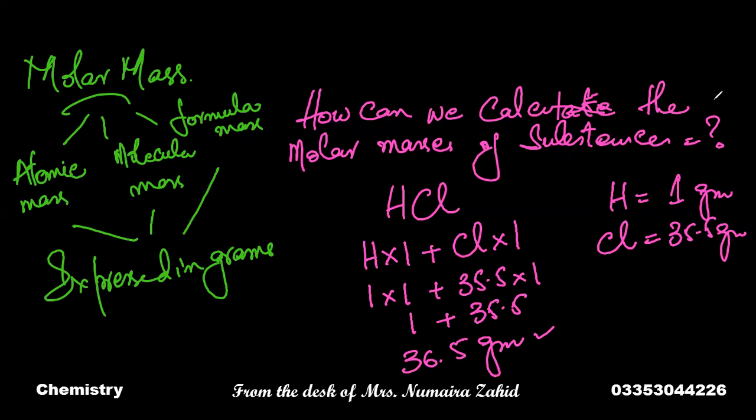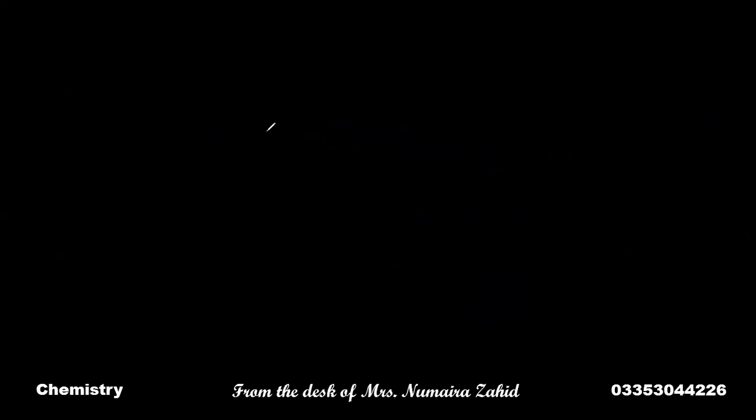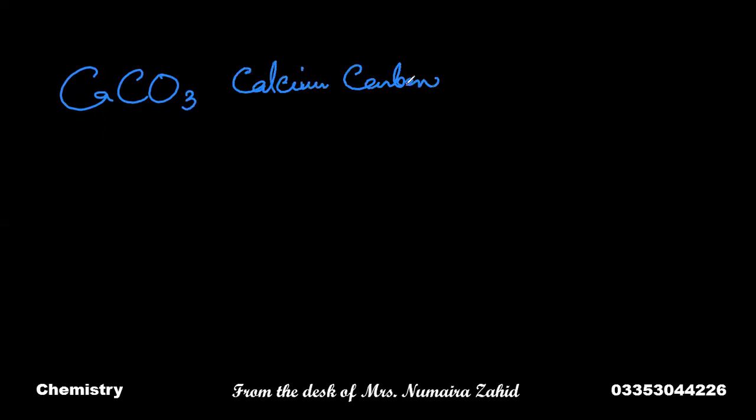Similarly, we can find the molar mass of any substance using the same method or formula. For example, you are given a substance that is calcium carbonate. To find out the molecular mass or molar mass of calcium carbonate, here we are talking about the molar mass, so it means the mass will be expressed in grams.